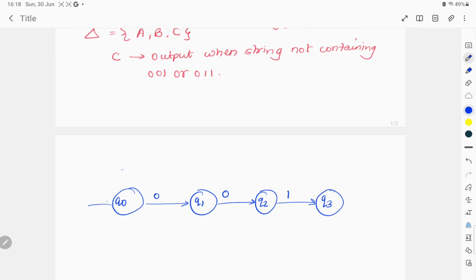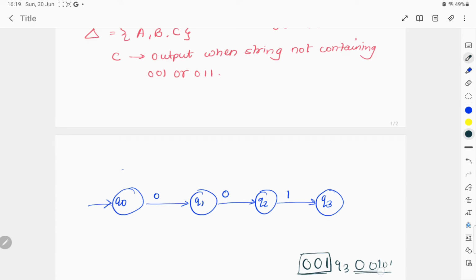So I will draw it, say for example, if it is having this 0 0 1, that means at state Q3 we can say yes, the string contains substring 0 0 1. I was at Q0, I got 0, then I got 0, then I got 1. I reach Q3 now, right? Then after that I have so many zeros or so many ones or anything. It doesn't matter at all because the string has already qualified the condition of containing 0 0 1, and that is done once.